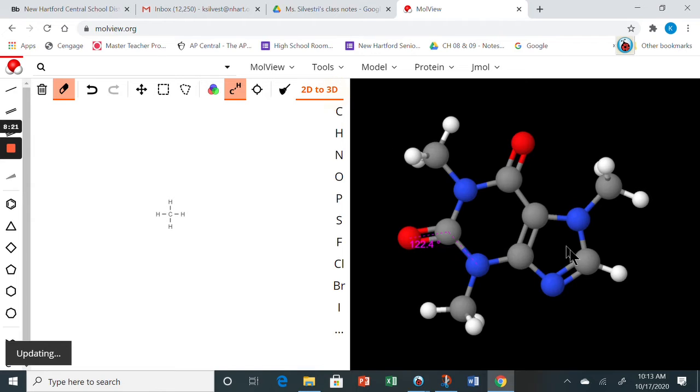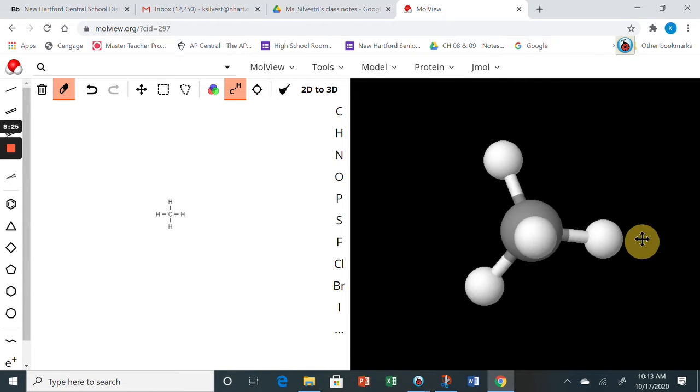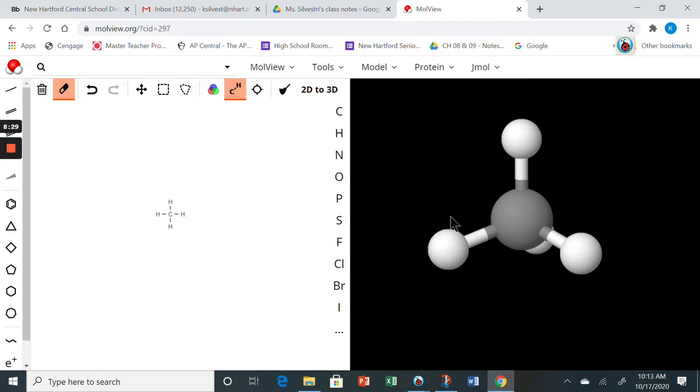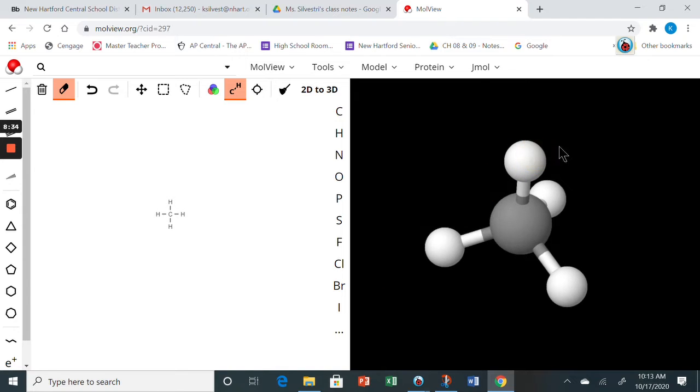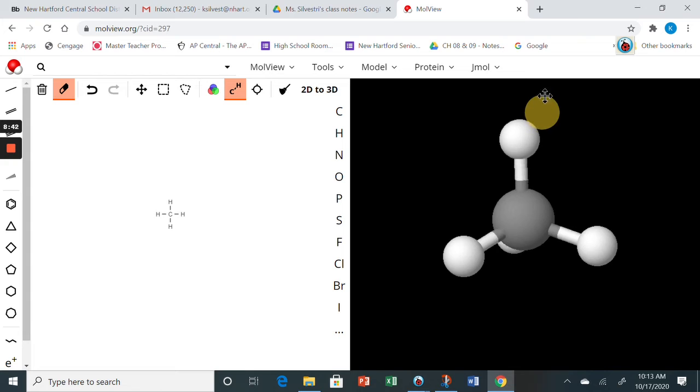And I look at the 3 dimensions on this, and I rotate it. That is carbon in the center, and this is a tetrahedral because you have faces. Right? I have a face from here to here to here to here. That's one face. I rotate it. Okay, here's one face.